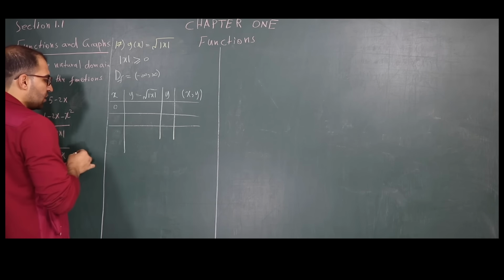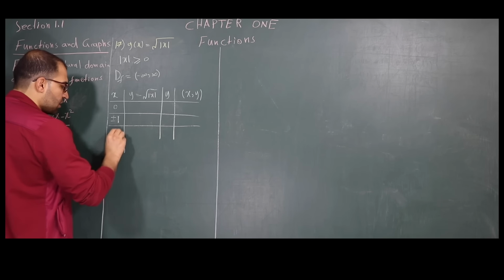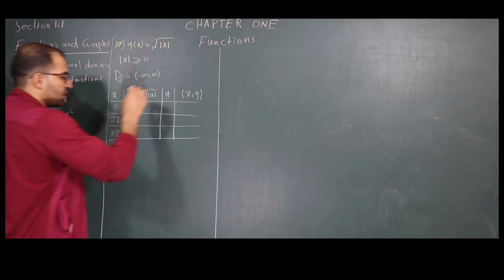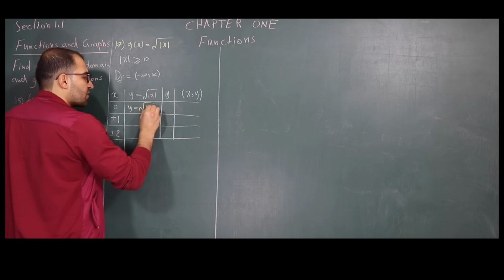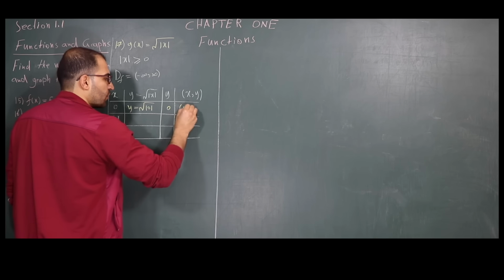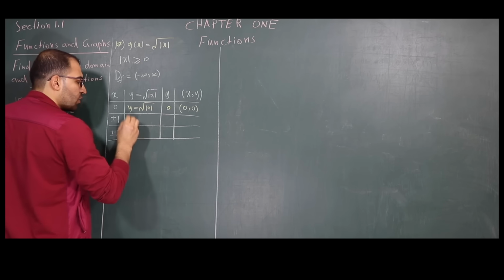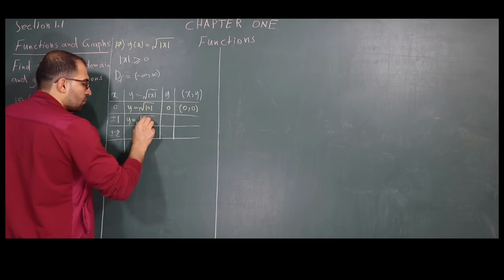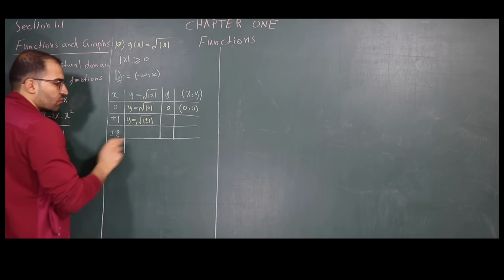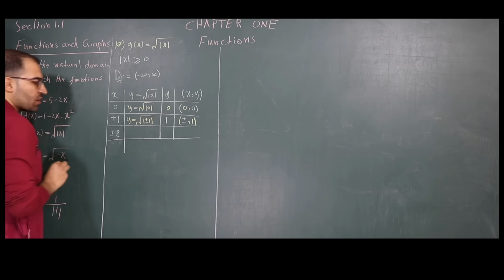I'm going to take plus minus 1 and plus minus 2, because it will be easy to plot since it's just a square root. So for x equal 0, the result will be 0 and the point will be (0, 0). For plus and minus 1, I substitute them both here, and the result will be just 1.